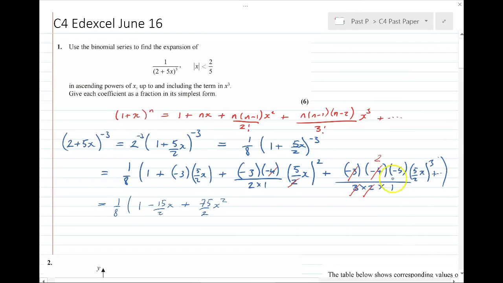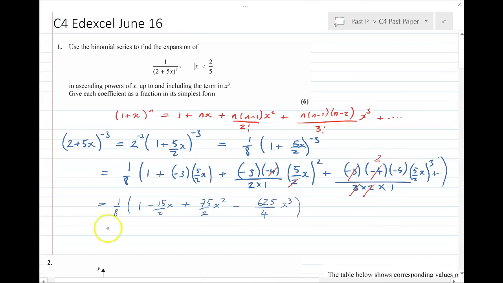The next one I've got 3 negatives, so it will be negative, and I have, as I said before, the 4 lots of 5 on the top, 5 times 5 times 5 times 5, which is 625. And on the bottom, as I said, I've got an 8 here, but I've got a 2 here, so that comes to 4 x cubed.